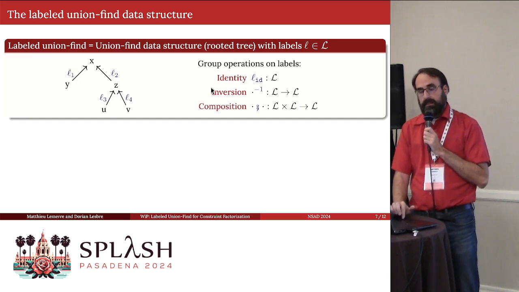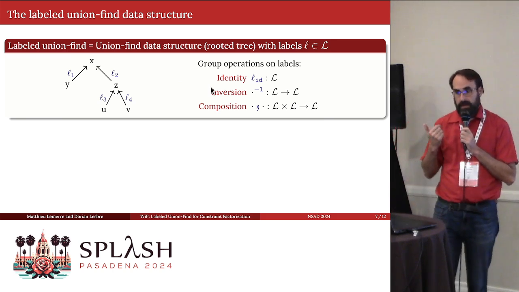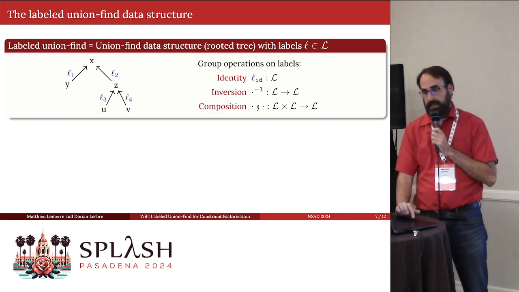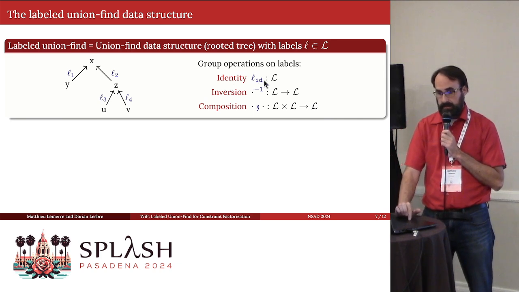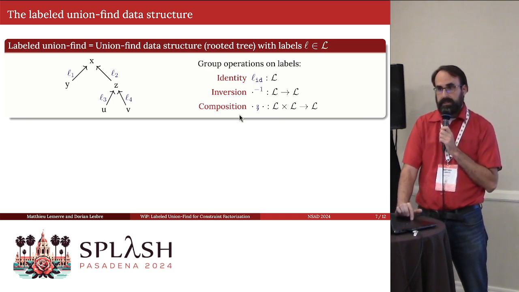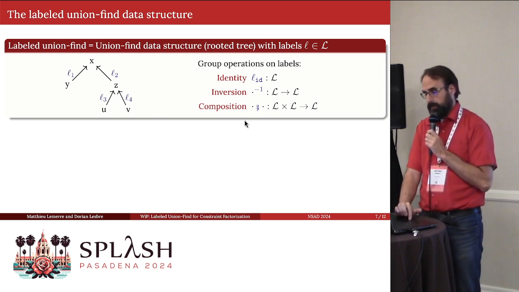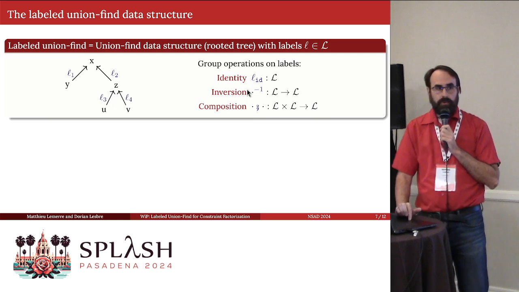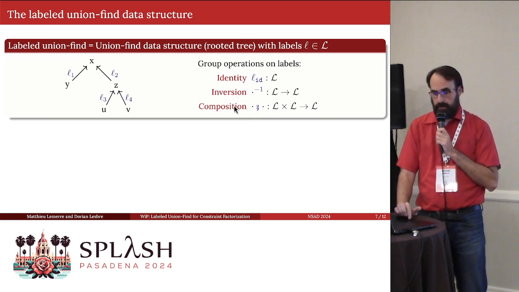And we ask that all the labels obey the group properties. So we need an identity relation on labels, and the possibility of inversion of every label, the possibility of composing any pair of labels. And we want all these operations to obey the laws of a group.